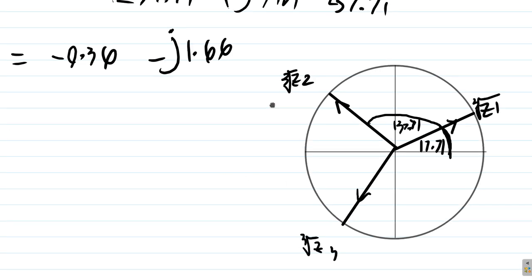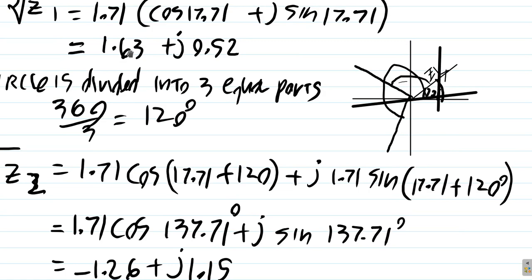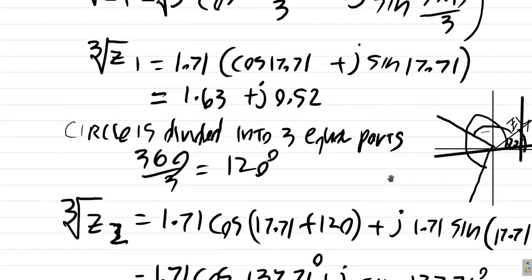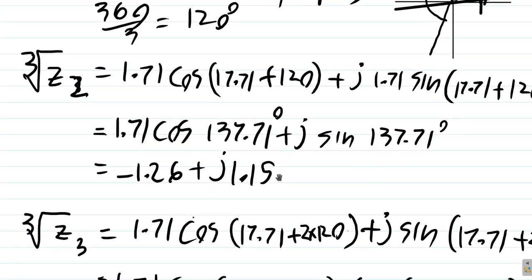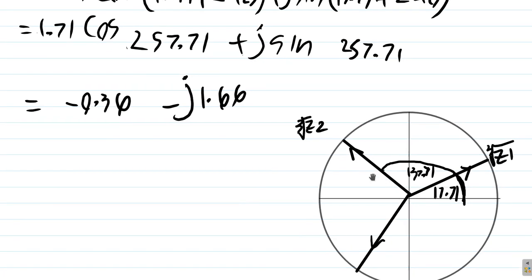All right. So as you see here, the first cube root goes to the right 1.63, up 0.5 something, and the angle is 17.71. The second cube root went to the left 1.26 and up 1.15, and the angle from here is 137.71.